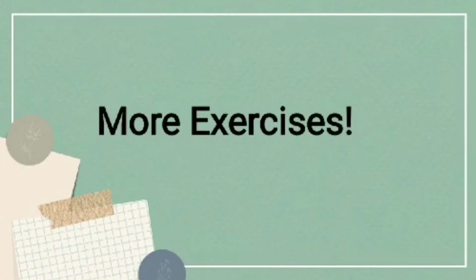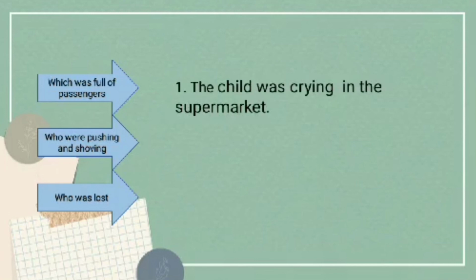Now we have more exercises. Here, we need to choose from these three and put the embedded clause in the given sentences. Number 1, the child was crying in the supermarket.